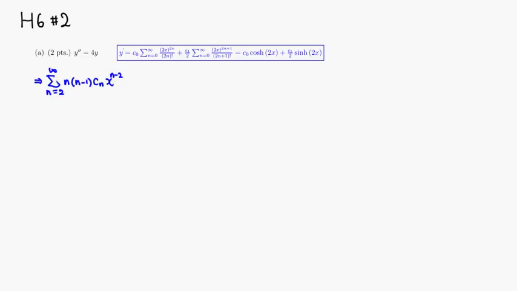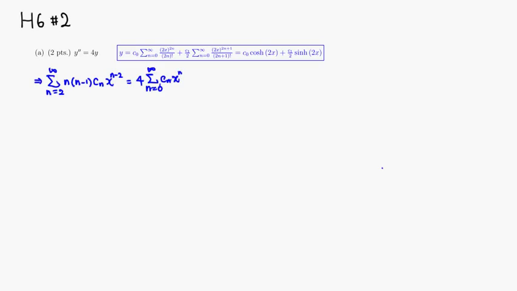And this has to be equal to 4 times a summation, n goes from 0 to infinity, c sub n, x to the n.